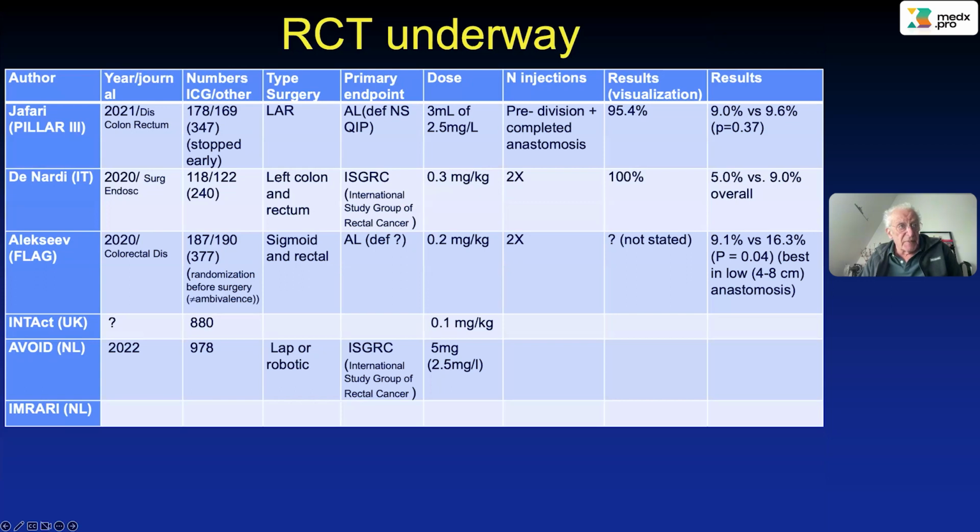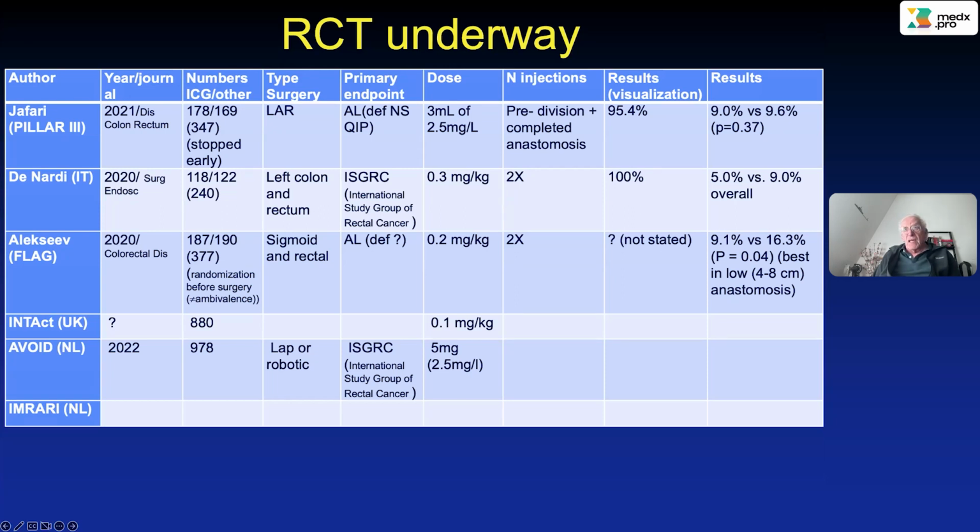Three studies have been published. The PILLAR 3 was the continuation of the PILLAR 2 study by Stamos in California. They were unable to show that there was any difference, but the study was discontinued early because of troubles with patient accrual. They couldn't get the amount of patients that they needed.